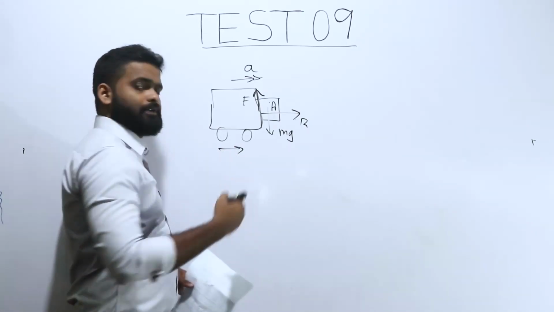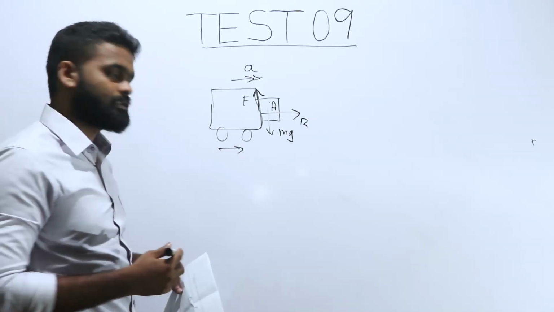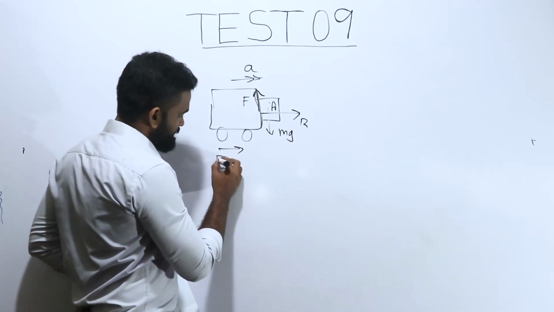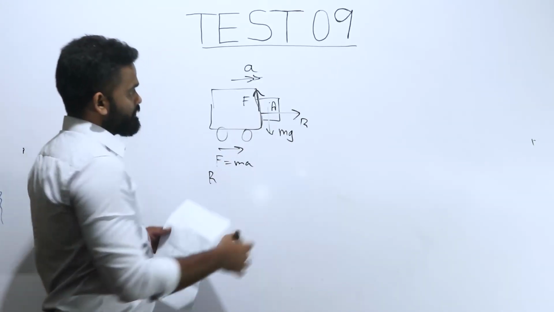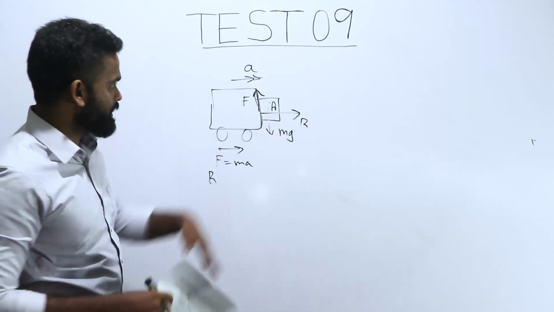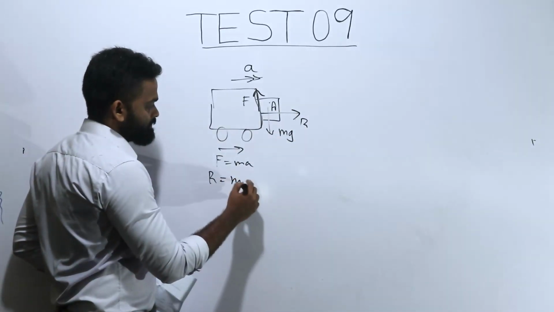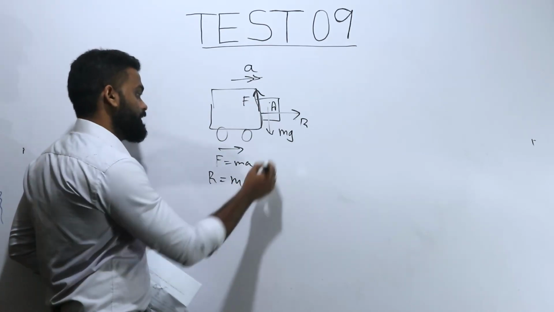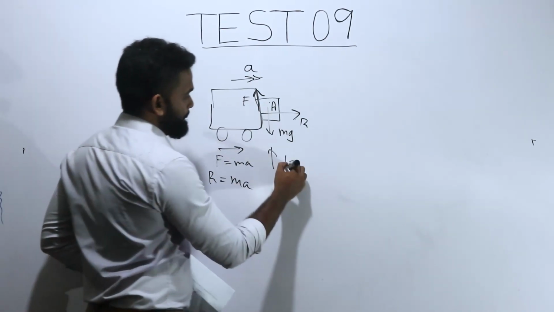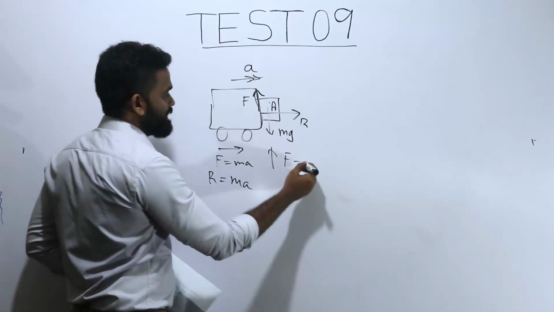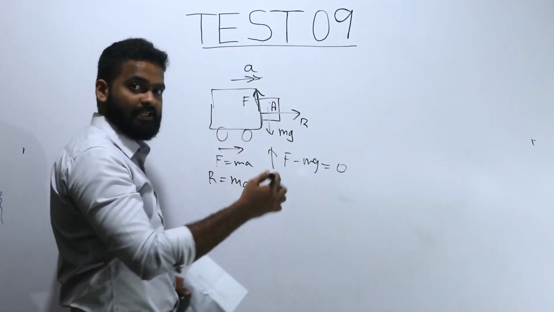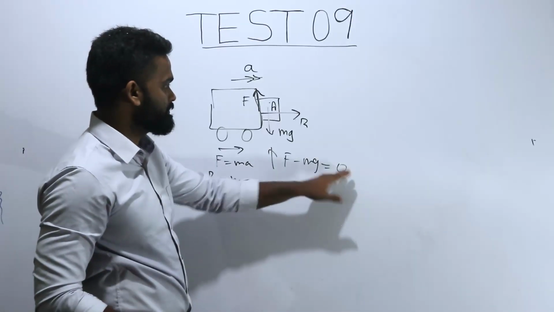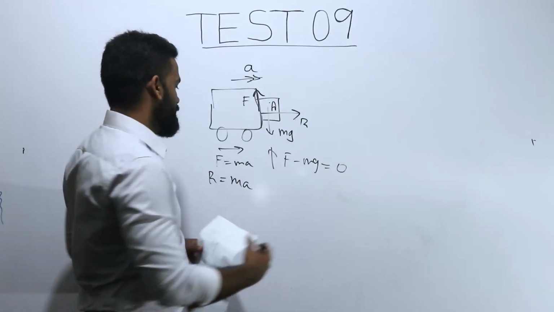So then apply F equals ma vertically and horizontally. Let's apply horizontally. F equals ma. So the horizontal force acting here is capital R equals mass times the acceleration a. Vertically, F minus mg, since it is not sliding, that is a requirement. So acceleration vertically should be 0.